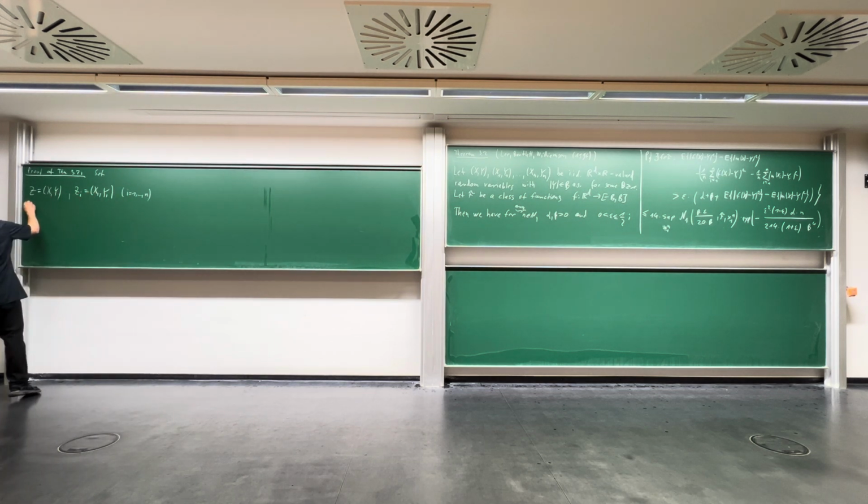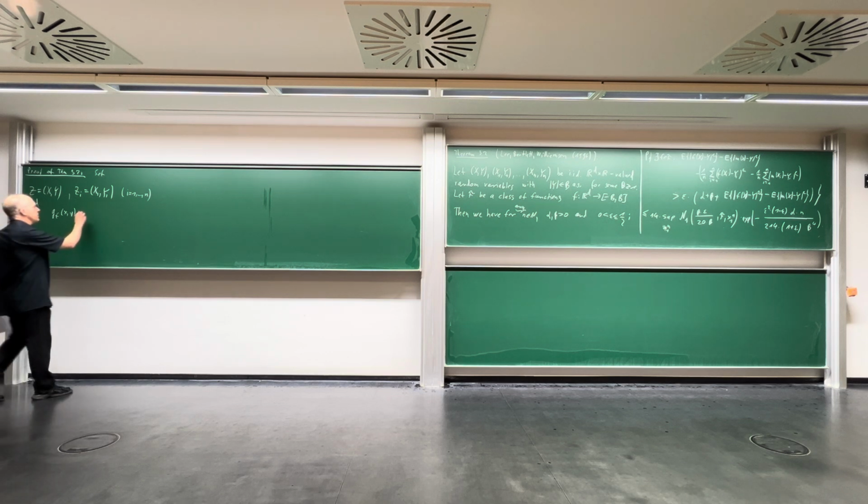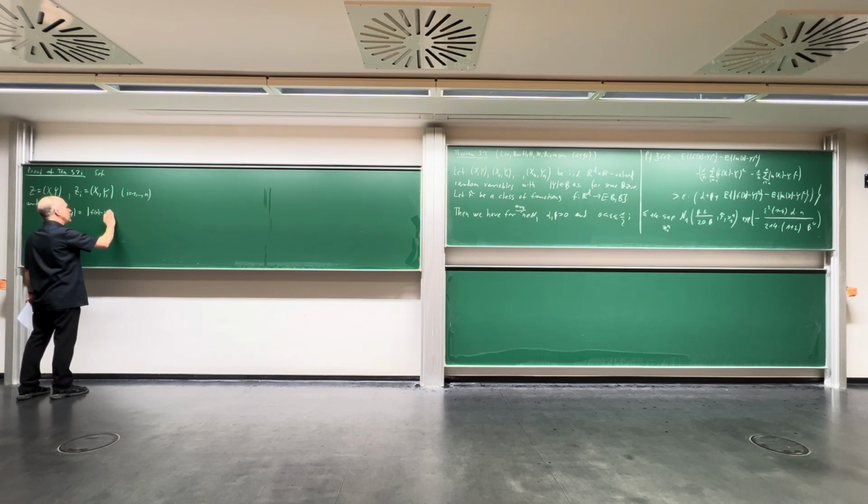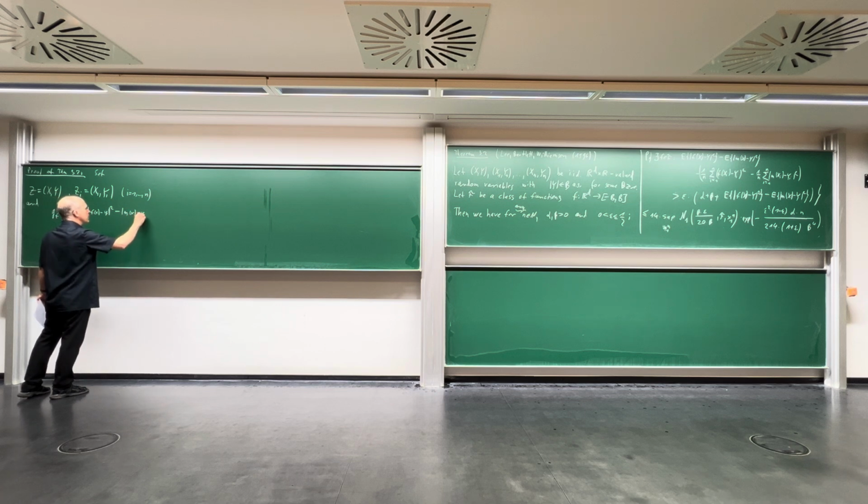And I say g_f(x,y), that's what I did before, is (f(x) minus y) squared minus (m(x) minus y) squared.